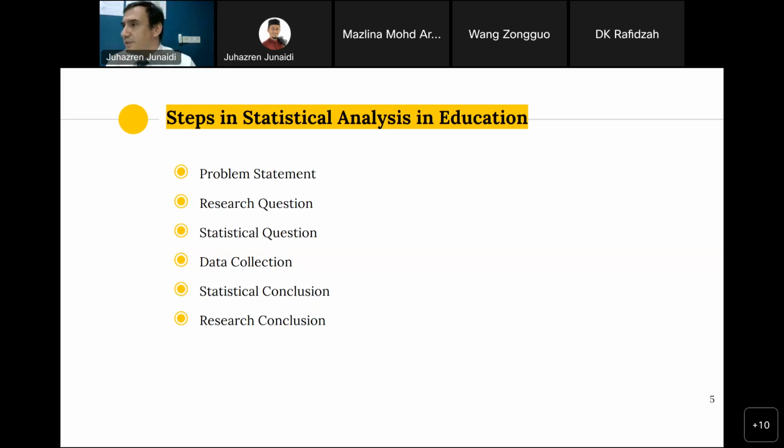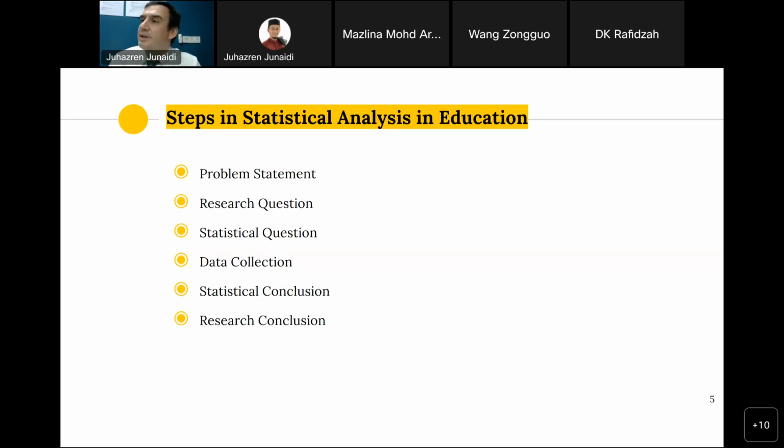be very similar. In statistical analysis, different from natural sciences, when we do want to do a research, the starting point is, what is the starting point? Where do we start in an educational research?